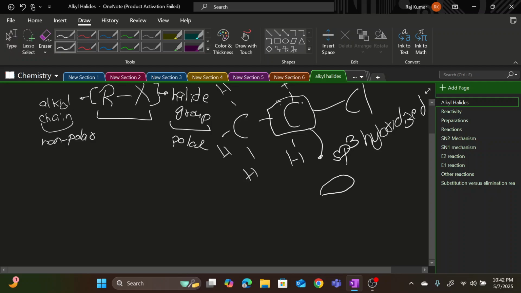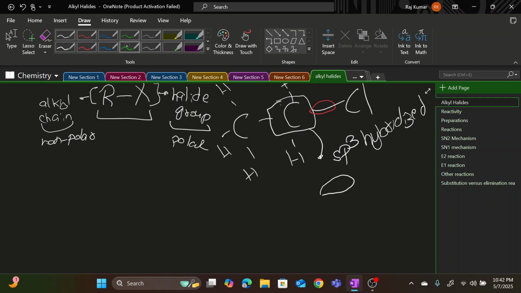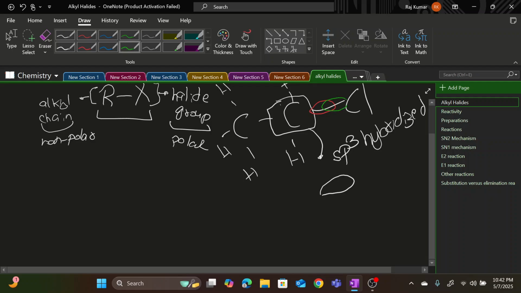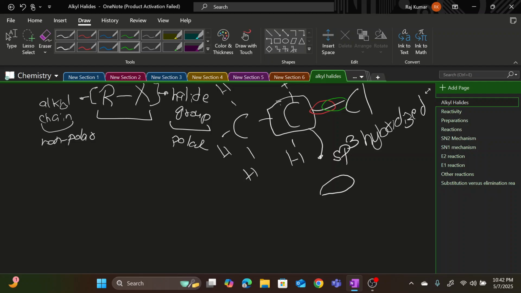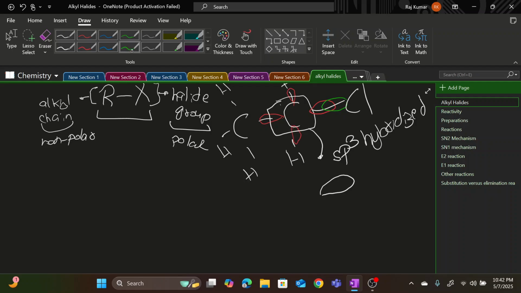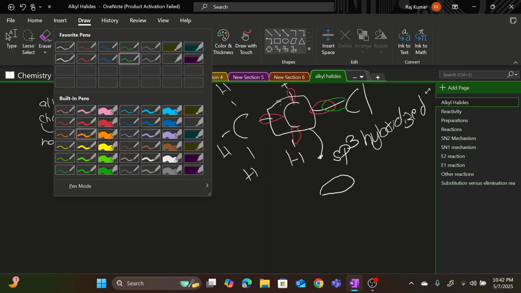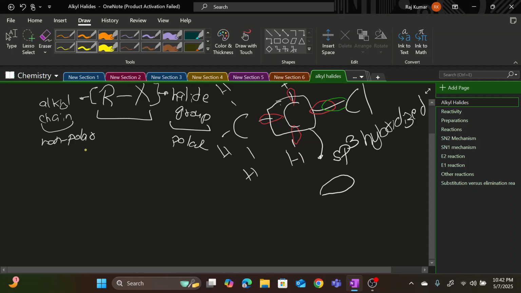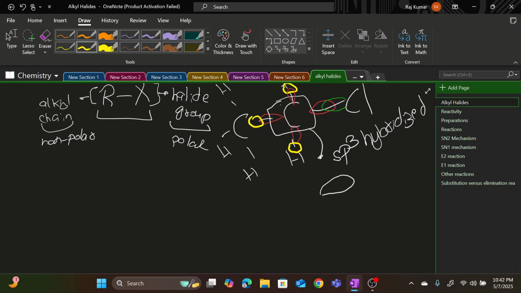Let me make it clear like this, with chlorine's p orbital like this, and let me draw a few more orbitals.